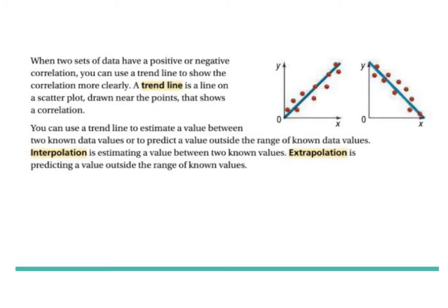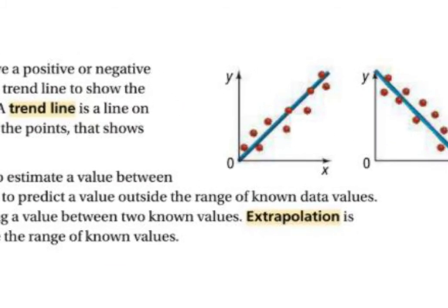So how we're going to remember this. Take a look at our graph on our right, or over here. If we were to predict a point right here, this would be interpolation.